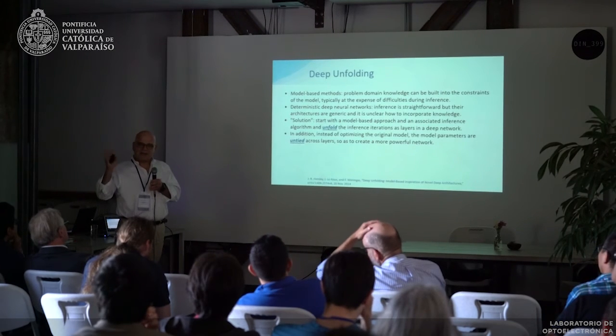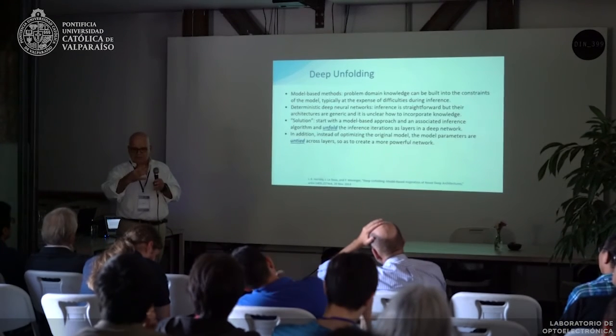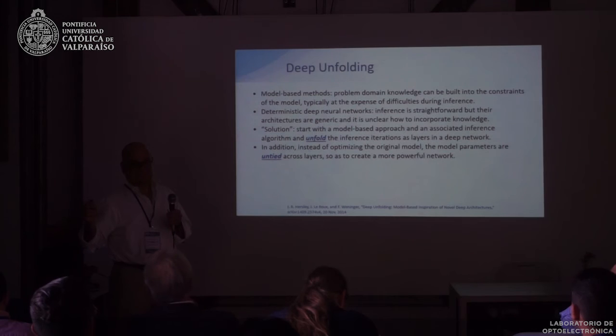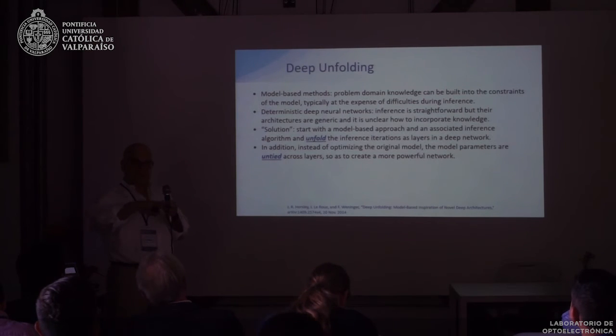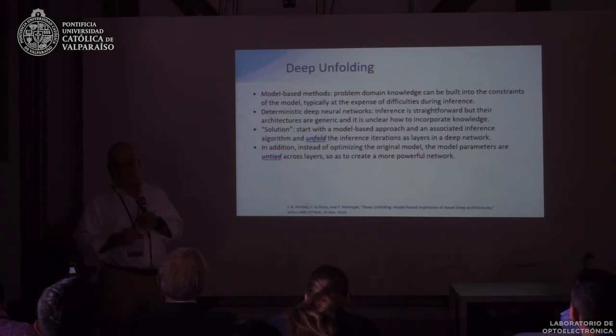Iterative approaches. So the idea of unfolding is I can take an iterative algorithm and write down 2, 3, 4 iterations, and that's my network, right? So I use an analytical technique that brings in all the prior knowledge, and I unfold the iterations, and this gives structure to a specific network that I can now train, right?